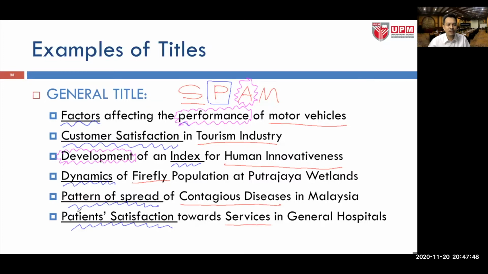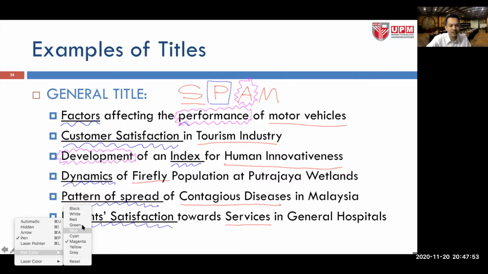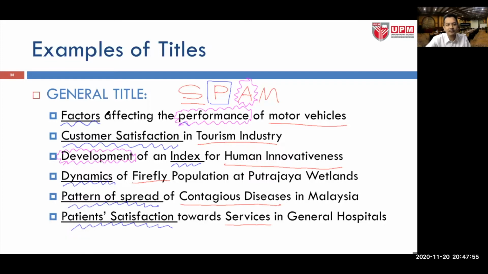And how about methodology? Do we have the methodology here? In this first example, we do not have methodology. We do not know whether this particular study, the first one, is to be conducted using experiment or numerical study or just a survey. Similarly with number 2, 3, 4, 5, and 6, we do not have any methodology.